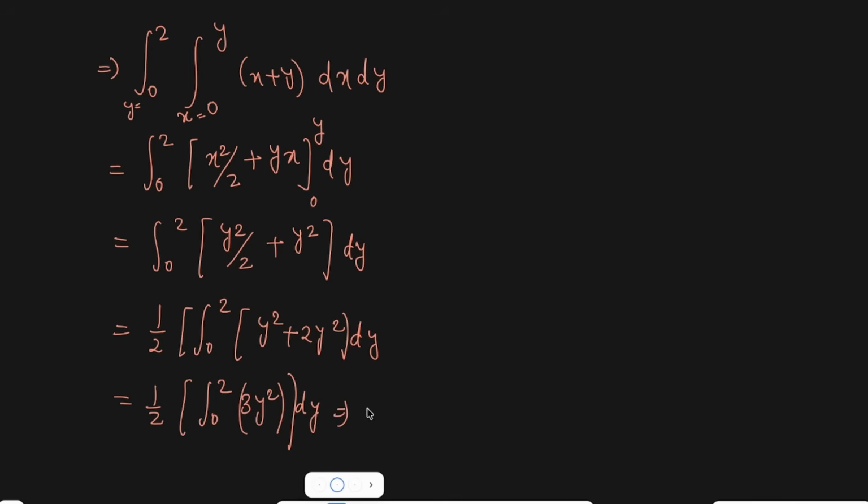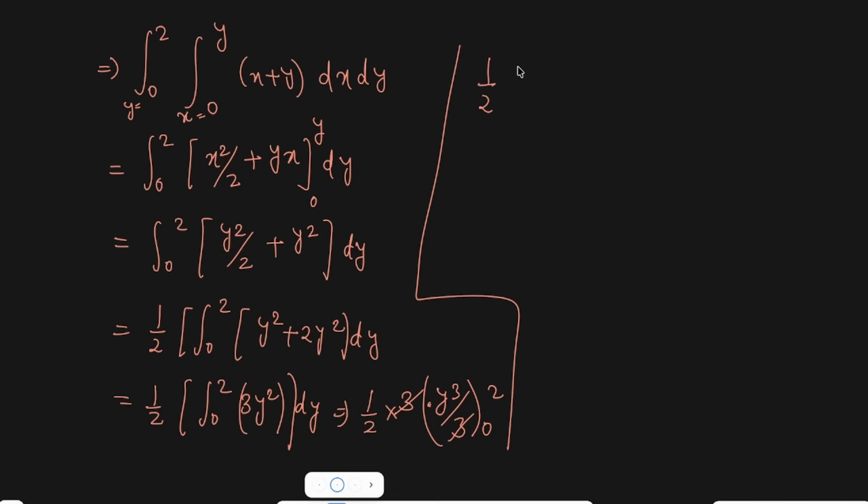It will be 1 by 2 into 3, and y cube by 3, 0 to 2. 3 and 3 will get cancelled. So it will be 1 by 2, 2 cube minus 0 cube. So it will be 8 by 2, that will be 4. So this is your answer from this region.